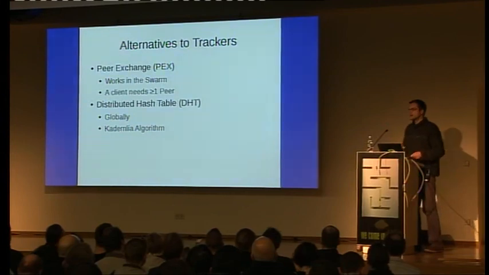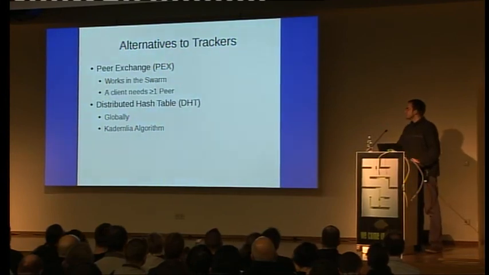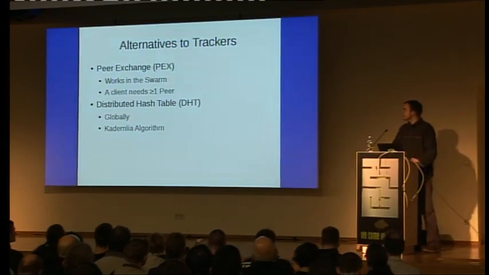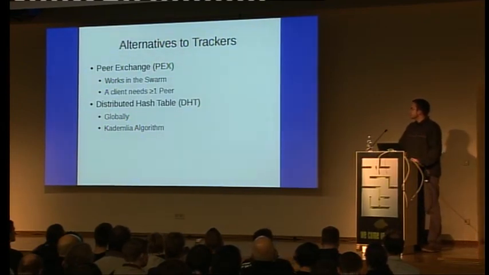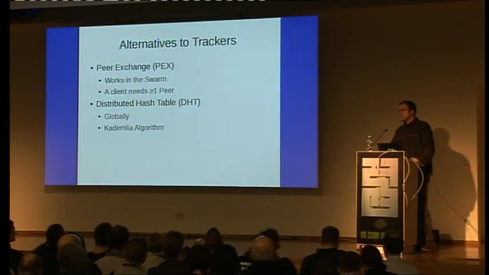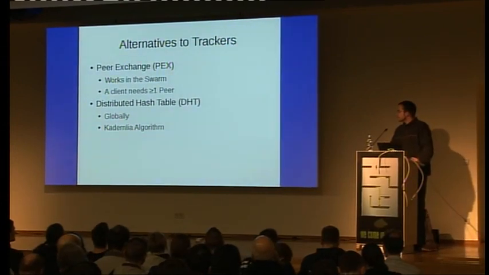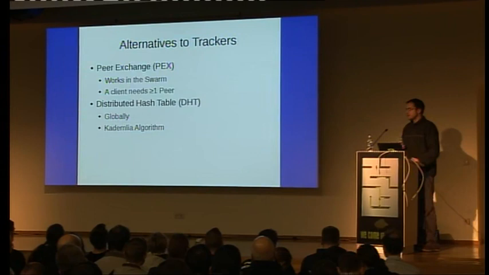So to start off, to download a torrent, you need other means to find peers, and there is this distributed hash table extension, which is global, so it's not per info hash.